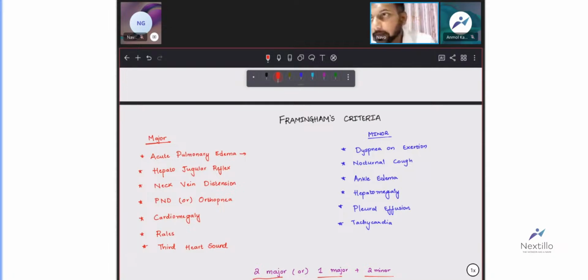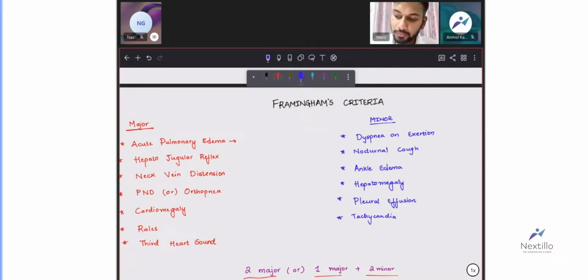Comment and let me know. Good, you get acute pulmonary edema because of increased LVEDP.